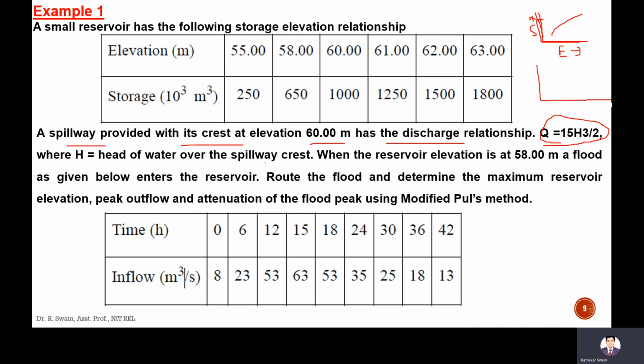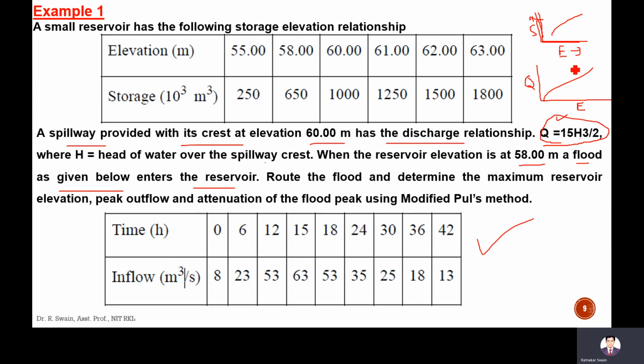So here the outflow Q and elevation can be plotted using this equation. When the reservoir elevation is at 58 meter, a hydrograph as given below enters the reservoir. This is the inflow hydrograph.